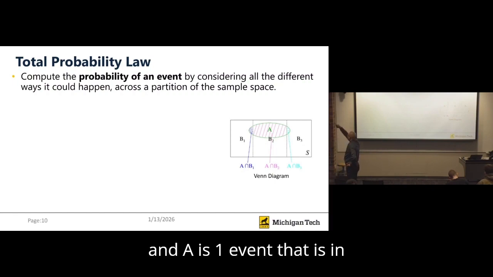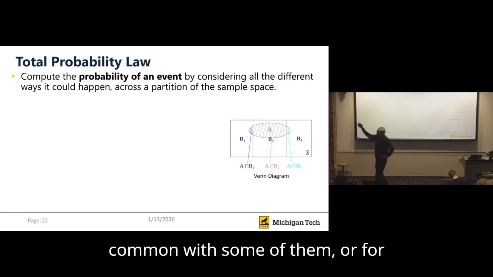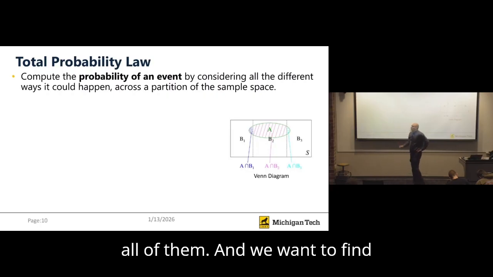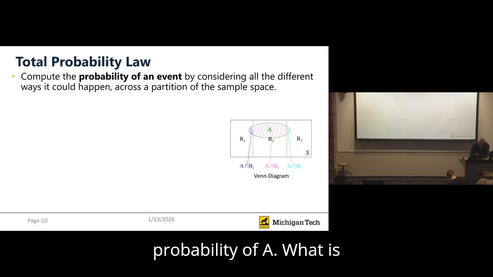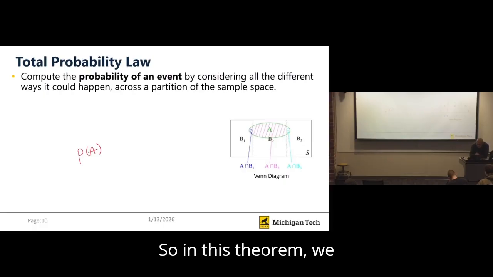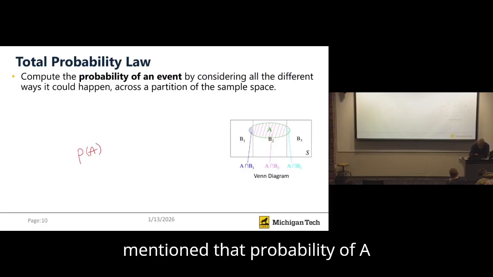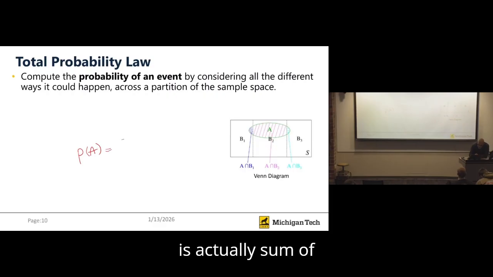And A is one event that is in common with some of them, or for all of them. And we want to find the probability of A. What is the probability of A? In this theorem, we mentioned that the probability of A is the sum of the probability of A given all those events.